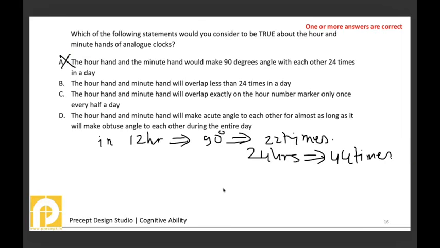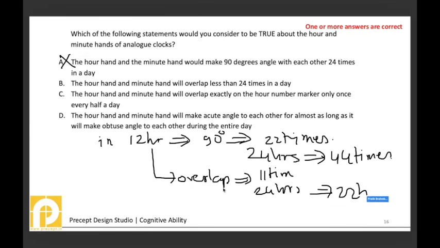Next, the hour and minute hand will overlap less than 24 times in a day. Yes, that is true, because overlap of the hour and minute hand happens 11 times in 12 hours. So in 24 hours, it will happen 22 times, which is less than 24.